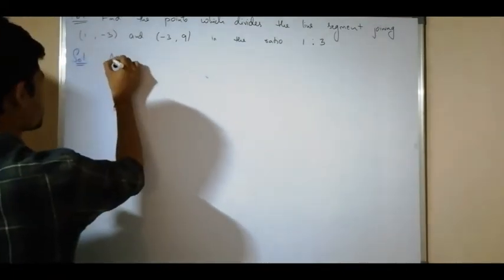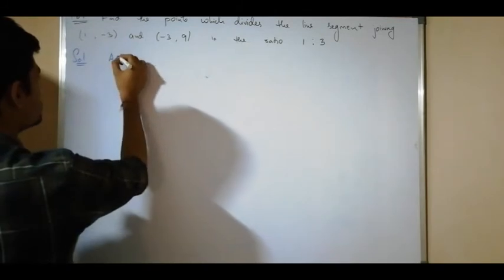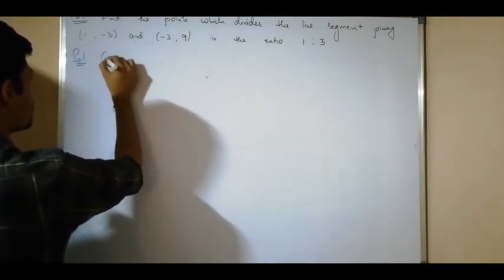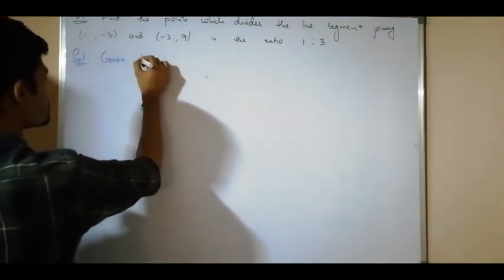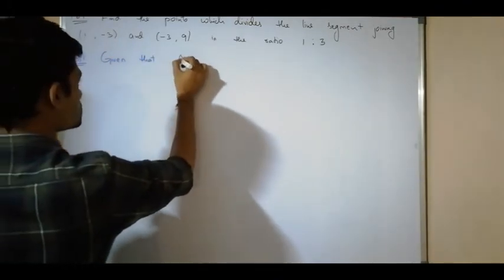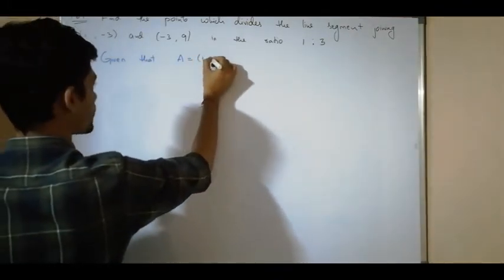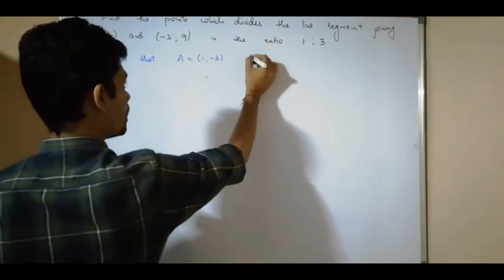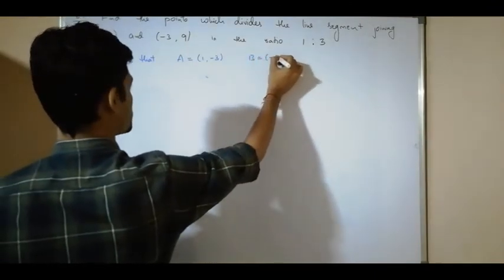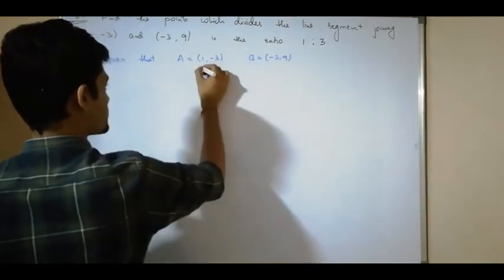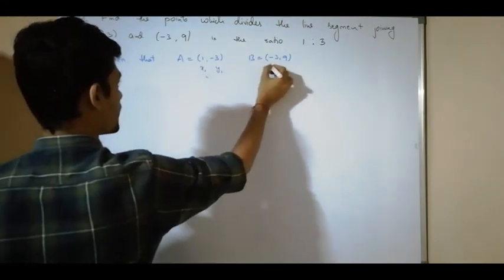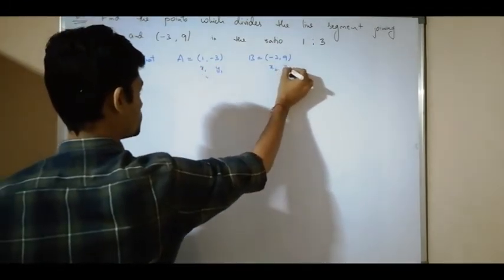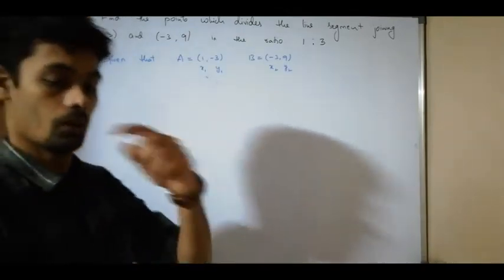A is equal to (1, minus 3), B is equal to (minus 3, 9). Let us take these as x1, y1, x2, y2.